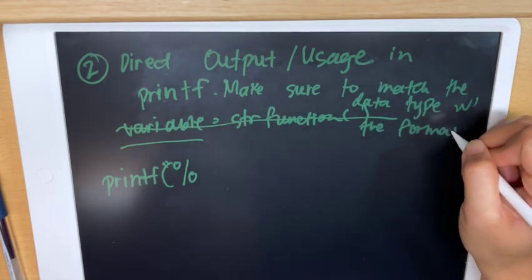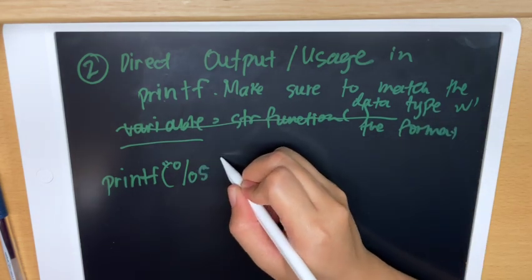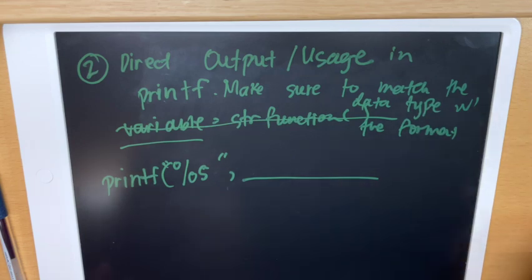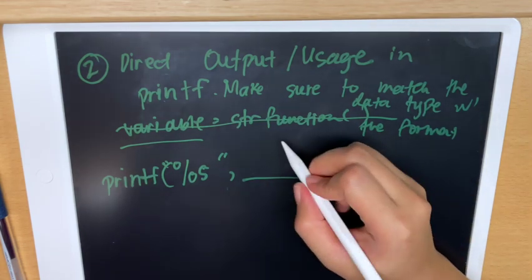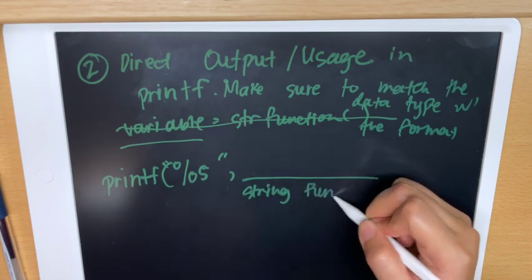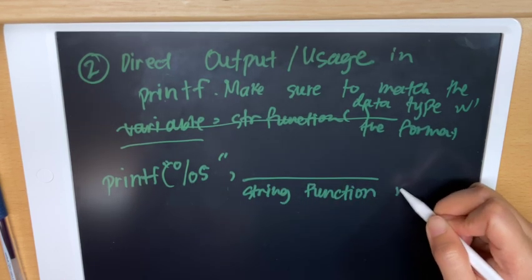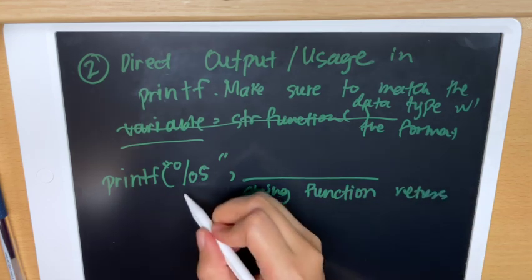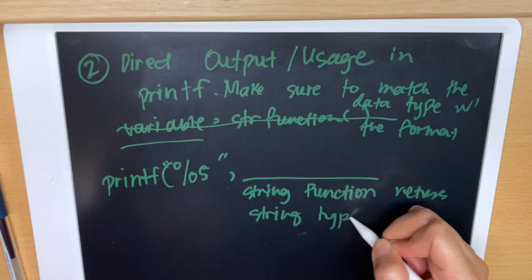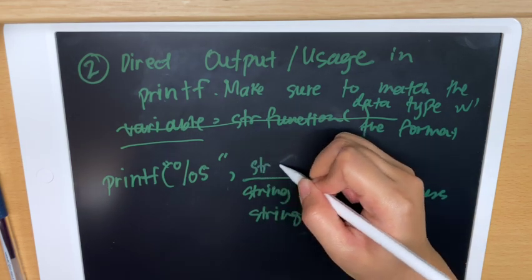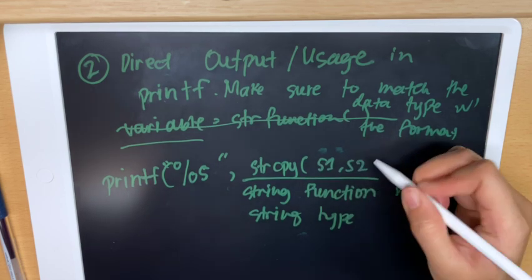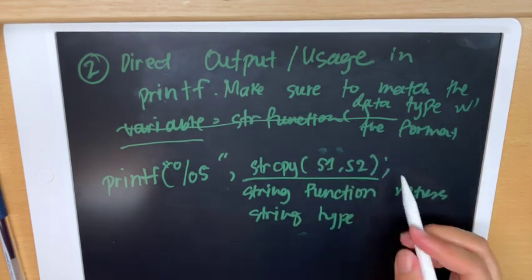So let's just say if you use %s, the string function should be returning a string type. For example, just string copy string 1 and string 2 to string 1.